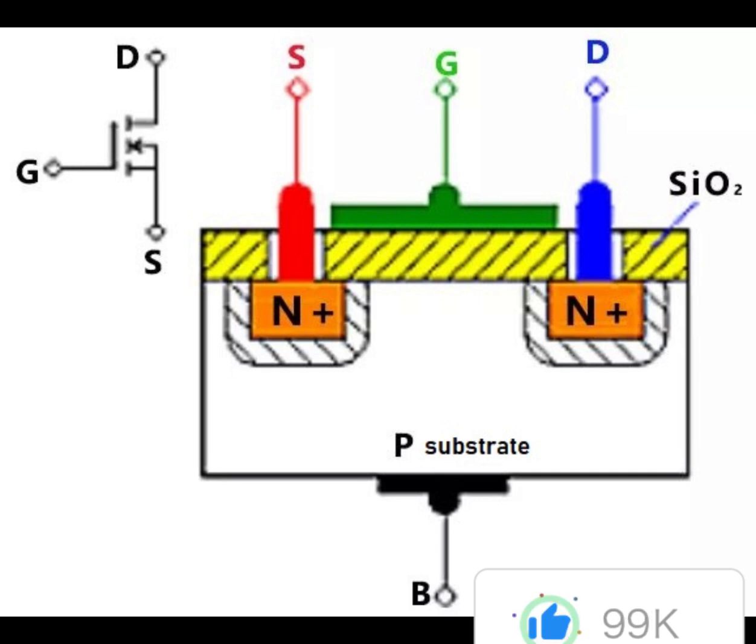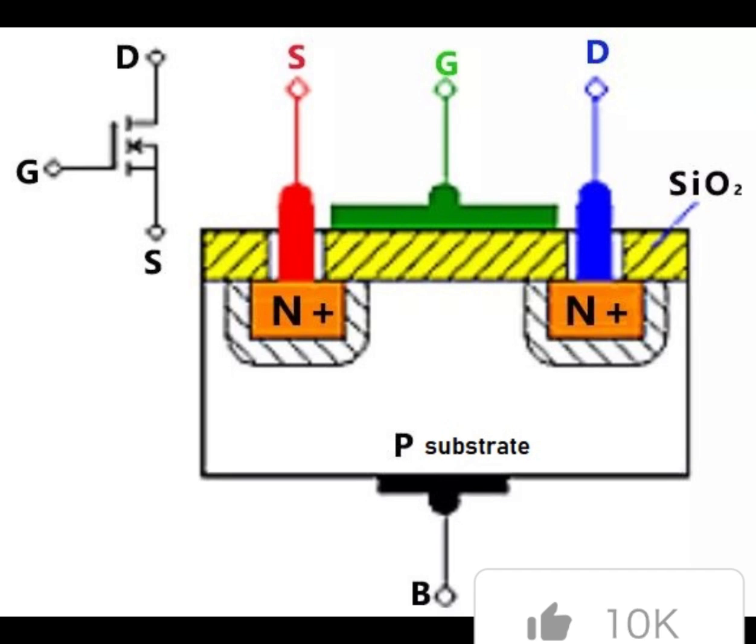When we apply the positive gate voltage, the holes present beneath the oxide layer experience repulsive force, and the holes are pushed downward into the bound negative charges, which are associated with the acceptor atoms.